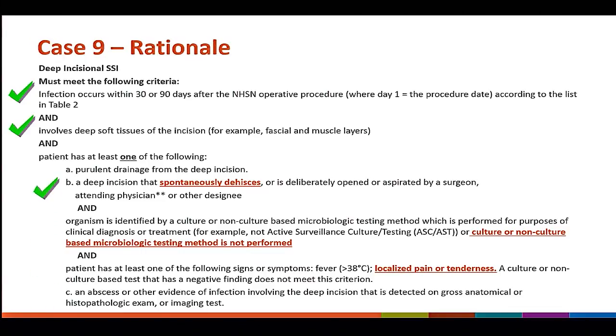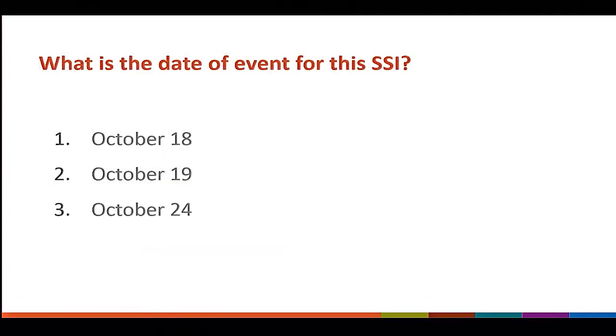And you remember that the incision was noted as spontaneously dehiscing, there was no culture collected, and the patient had localized pain or tenderness. A dehiscence of the deep tissues occurred to the level of the sternum. Occurring to the level of the sternum, this is the deep tissue level.